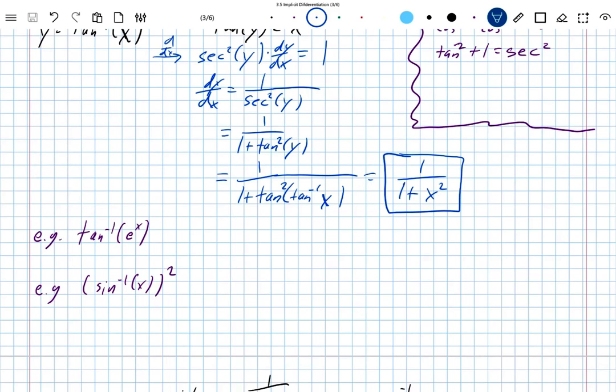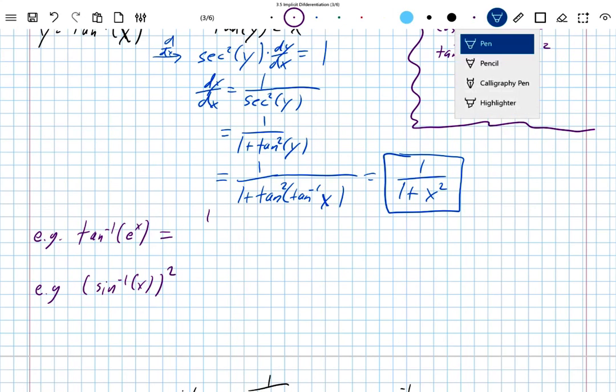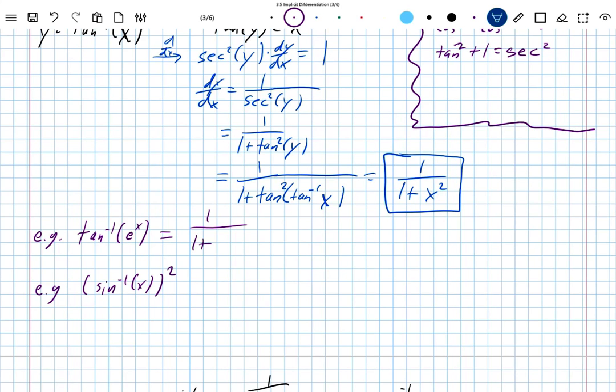Let's get some quick derivative practice. Tangent inverse of e to the x. Let's change colors so I don't run into the other parts. Tangent inverse of e to the x is going to be, well, this is just my chain rule in action, 1 over 1 plus e to the x squared, also known as e to the 2x, times my chain rule says take the derivative of that inner function, e to the x.